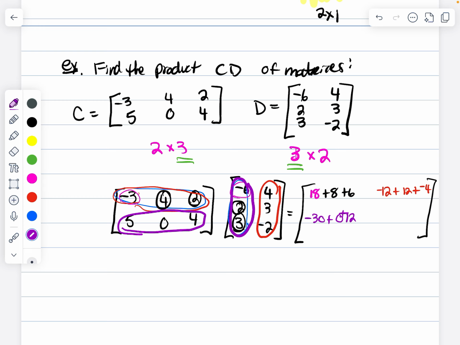And then finally, we're taking the second row times the second column, which will give us what we need here. 5 times 4 is 20. 0 times 3 is 0. And 4 times negative 2 is negative 8.